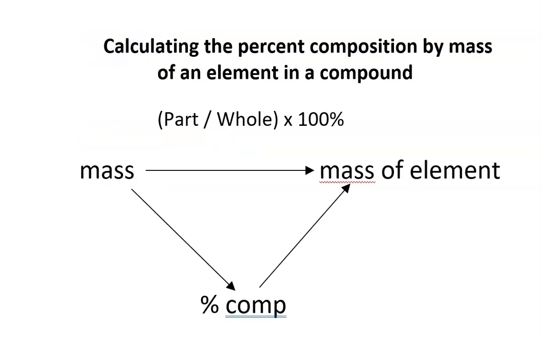Our equation for percent is always the same. It's part over whole times 100. The part and the whole have to have the same units, so they cancel, leaving you with the units of percent. So we had to define the part and define the whole, and typically the question will dictate what part we are talking about.